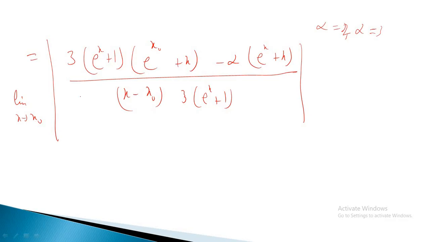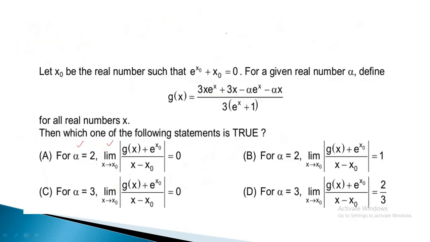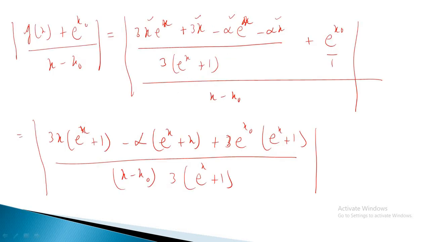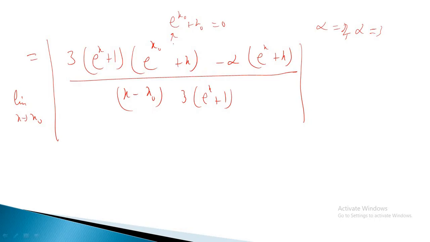When x tends to x naught, this term e raised to x naught plus x becomes e raised to x naught plus x naught, and in the question we are given that this quantity is equal to 0. So this first term becomes 0, because 0 times anything is 0.